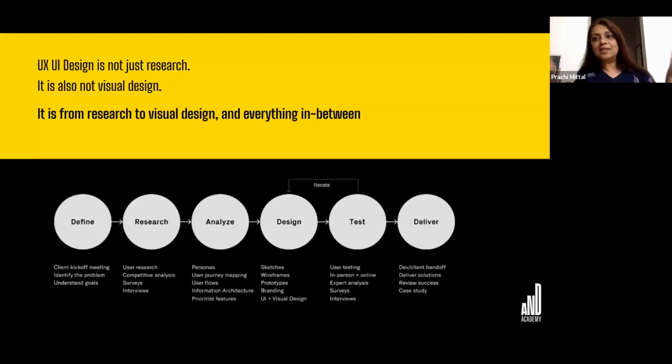But actually, it's not just these two things. It's everything that happens in between, right? Yes, there is research and yes, there is visual design, but the meat of the work is what happens in between, right? Because you can outsource research, but what happens in between is where a UX designer's work lies.